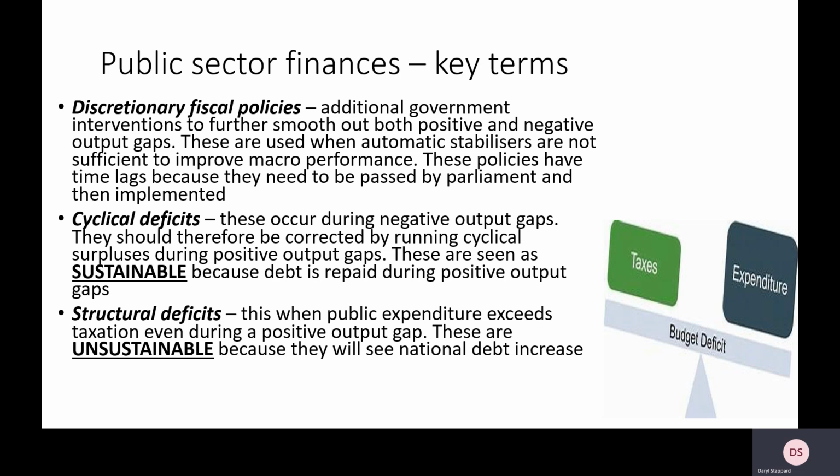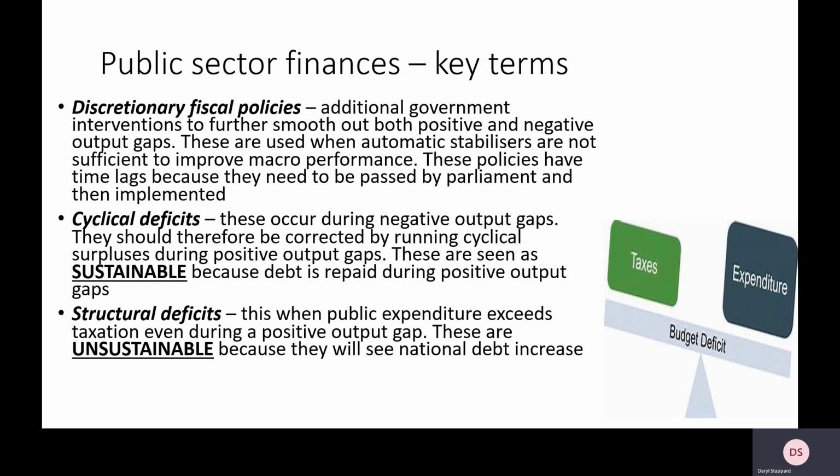And this should mean that in the long run, we shouldn't be building up any national debt. So it's seen as a sustainable way of borrowing. Budget deficits will help tackle a negative output gap, but then we pay that back off in a positive output gap. Now, unfortunately, in the UK economy, we have been running in recent years with a structural budget deficit.